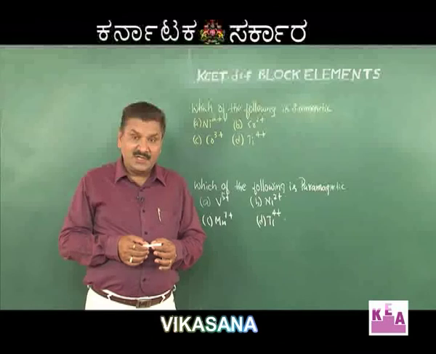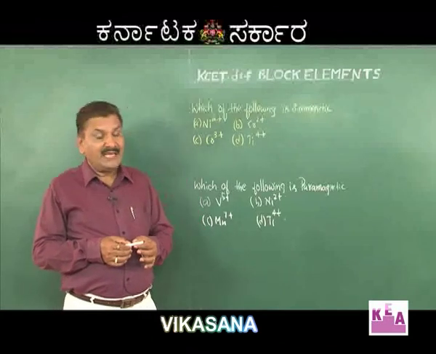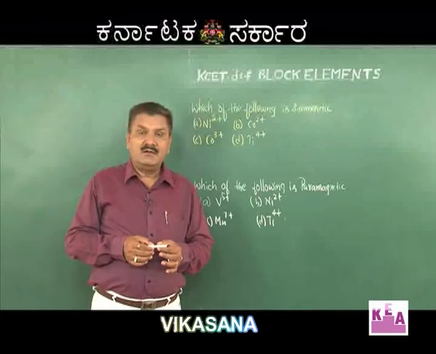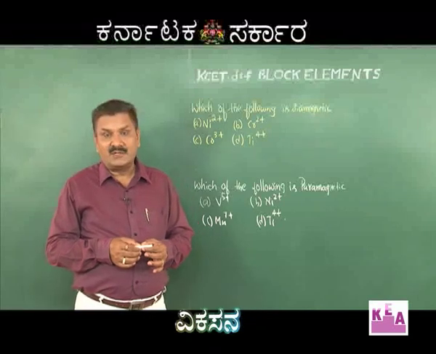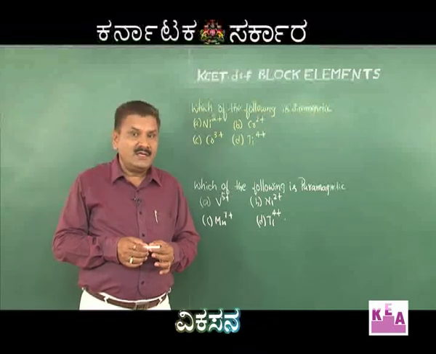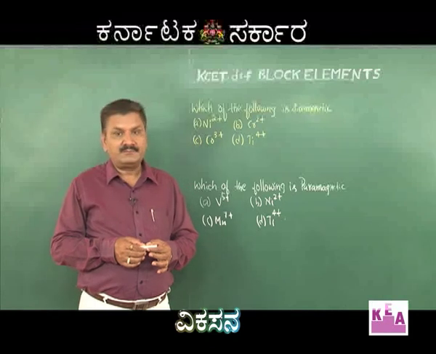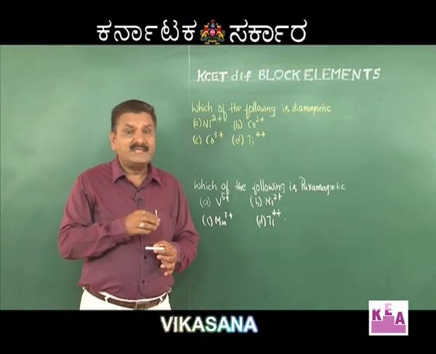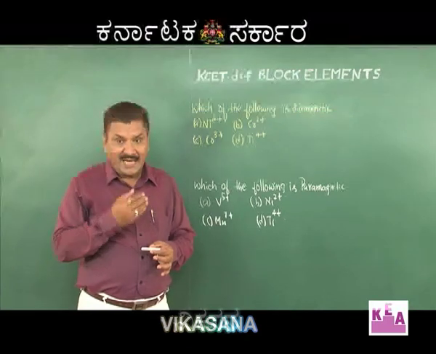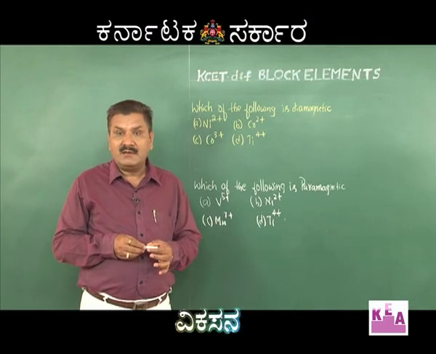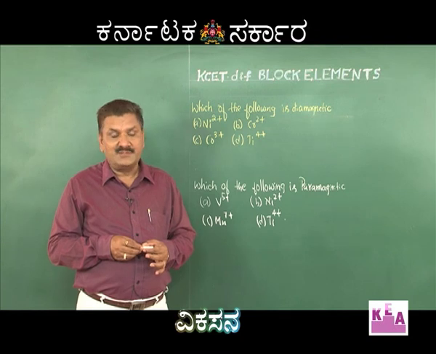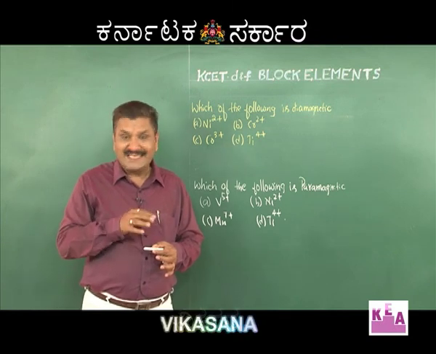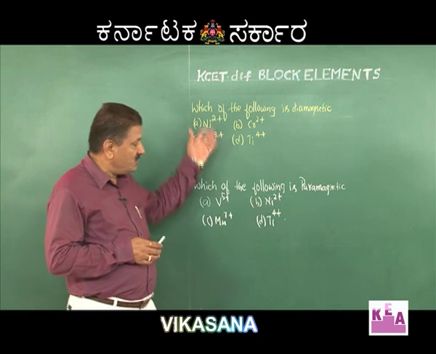And a transition metal ion in its highest oxidation state does not have d electrons. Usually it is diamagnetic in nature. If the transition metal ion is in lower oxidation state, it can have unpaired electrons and it can be a paramagnetic substance. Based on this concept, let us look at these 2 questions now.